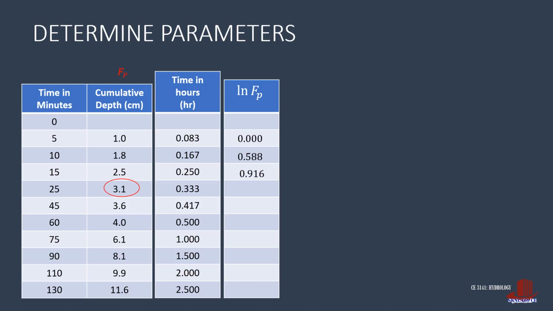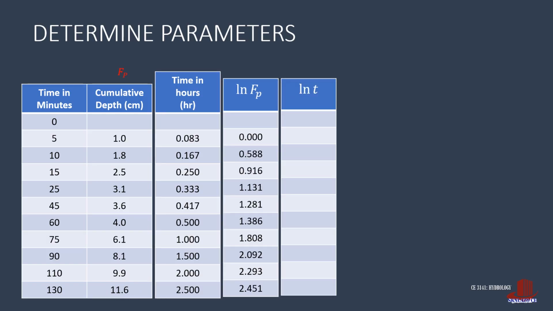Then ln of 3.1 is 1.131. Ln of 3.6 is 1.281. And the natural logarithm of 4 is 1.386. Also, the natural logarithm of 6.1 is 1.808. And that of 8.1 is 2.092. The natural logarithm of 9.9 is 2.293, and the ln of 11.6 is 2.451.